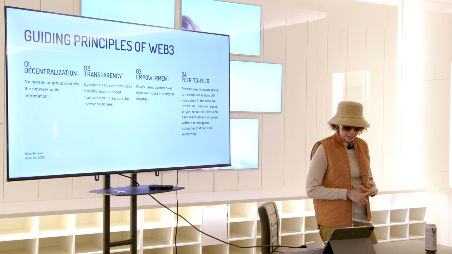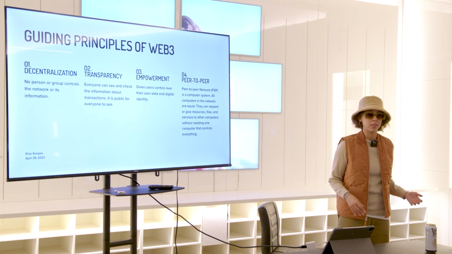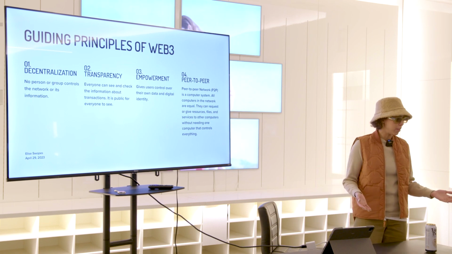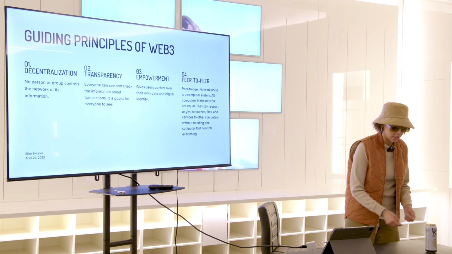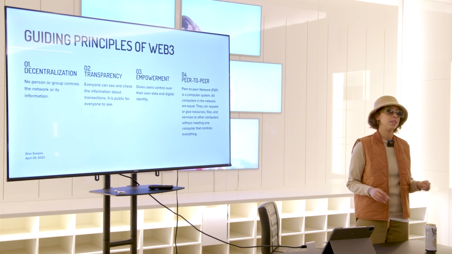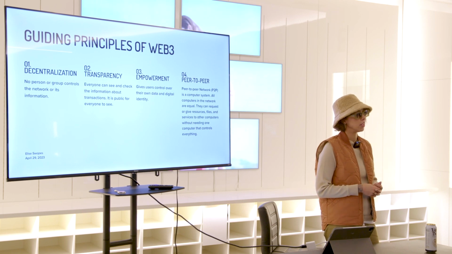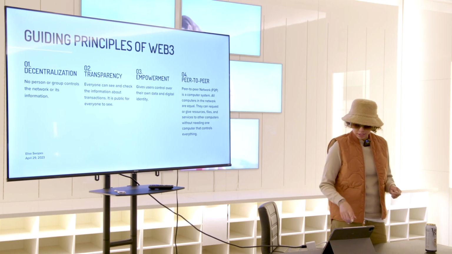Transparency. Everyone can see and check the information about the transactions because it's public for everyone to see. Now, we'll all be able to see where our squares fit in the quilt, set it down, stitch it up. I'll let you know how it's going to actually become a quilt at the end, but we're not physically sewing anything, don't worry. Just cutting out some paper, keeping it cute today.